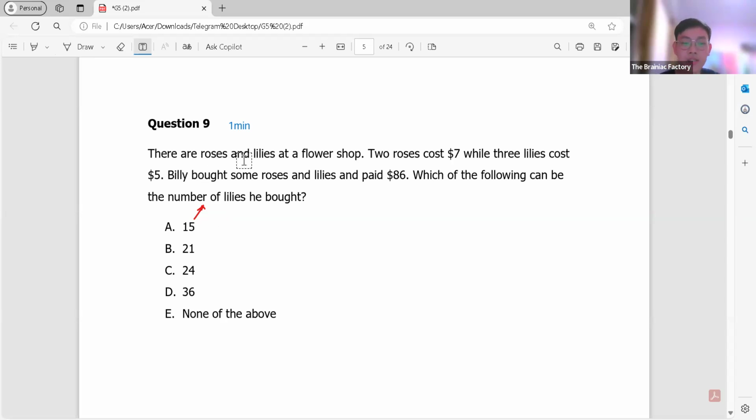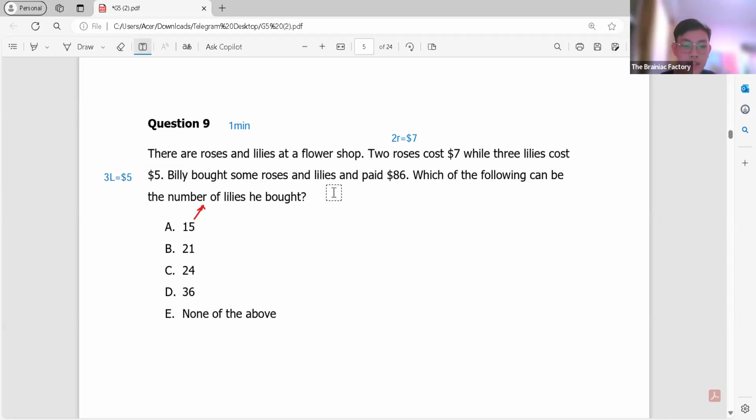So there are roses and lilies at the flower shop. Two roses, I'd say 2R is equal to $7. And here, three lilies cost $5, so 3 lilies, I'm going to call it L, equal to $5.